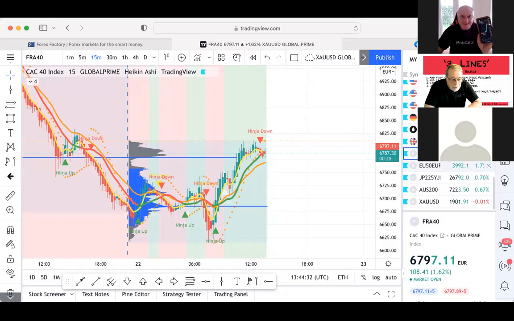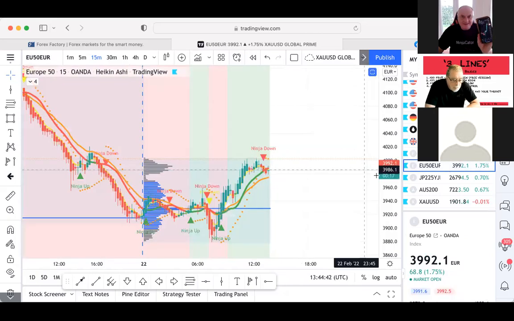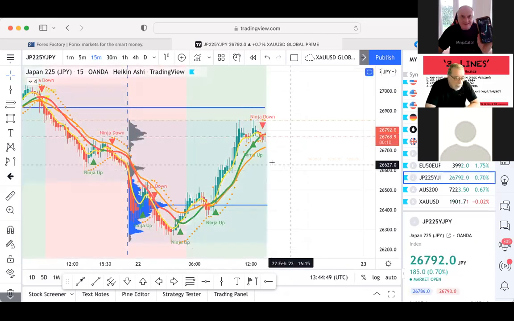It's France 40, so this is the top 40 French companies, the euro, the top 50 companies in Europe. There's the Japanese 225 top companies, and the same principles apply.